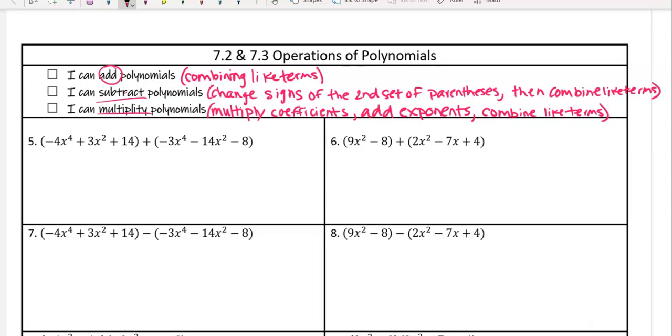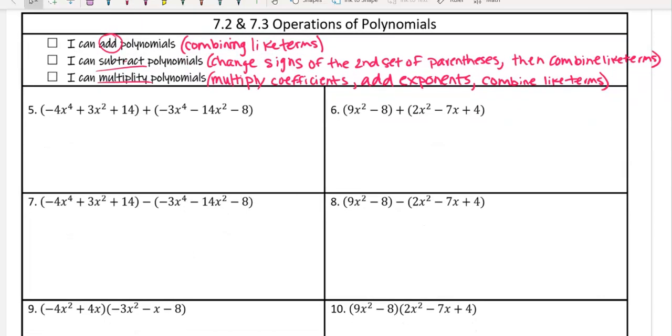So, starting with number 5, the addition, we just go straight into combining like terms. Something we did was a vertical alignment where we said, okay, minus 3x to the 4 on top of the other x to the 4. Then we have an x squared, so we'll put that right below the other x squared, and then a minus 8, and we'll put those right below.